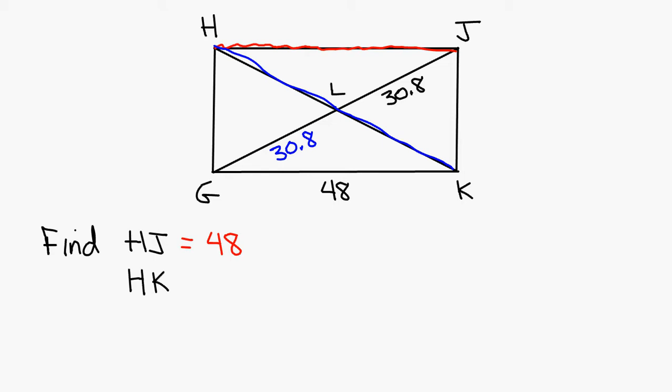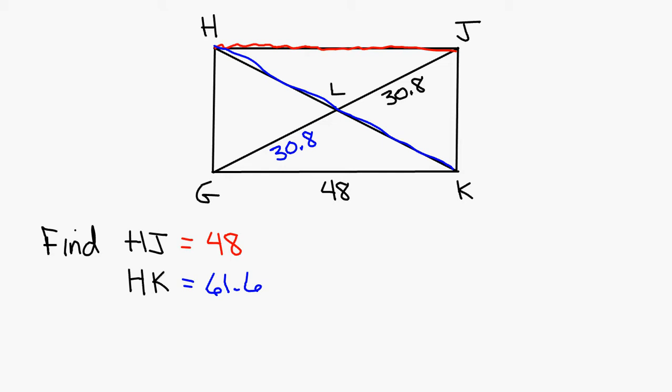So H to K would be equal to 61.6. All right, so rectangle, it's got same properties as a parallelogram. Diagonals are congruent, and the shape itself contains 4 90-degree angles.